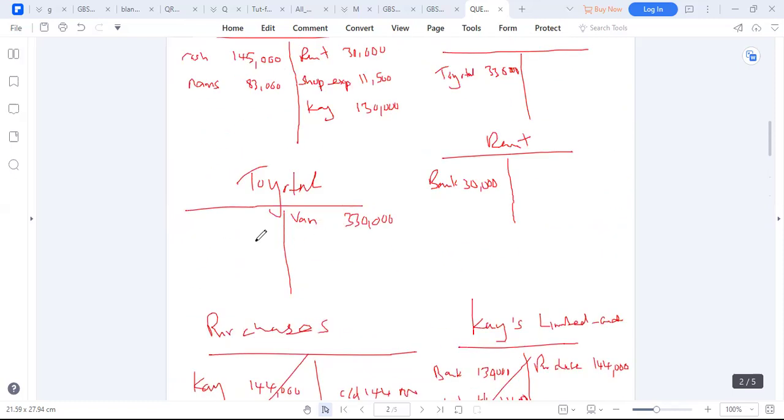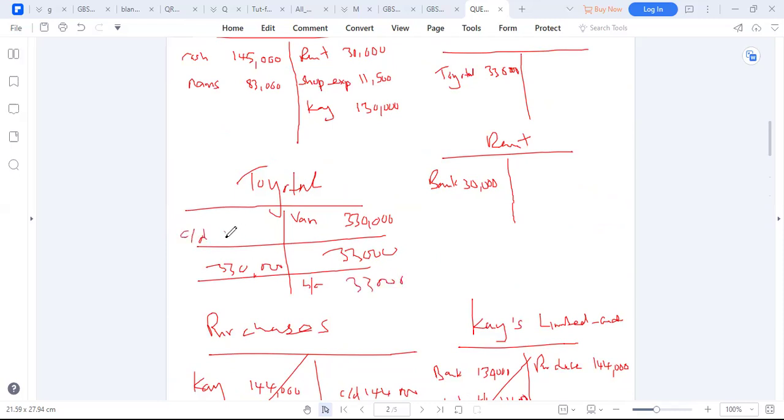Toyota is another creditor. So you can combine them if you want. Okay, 330,000. Here balance brought down, 330.